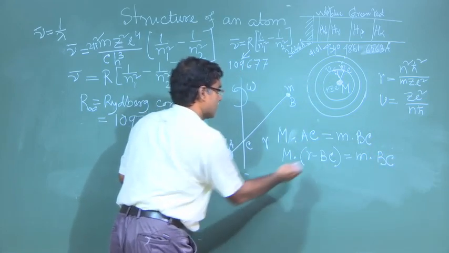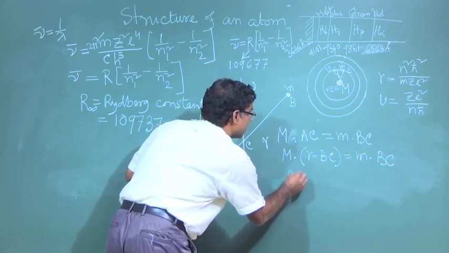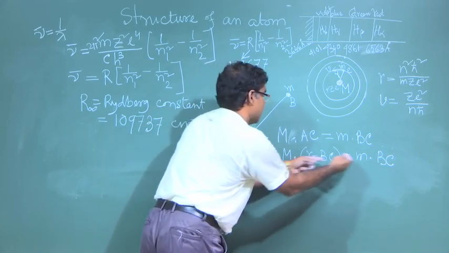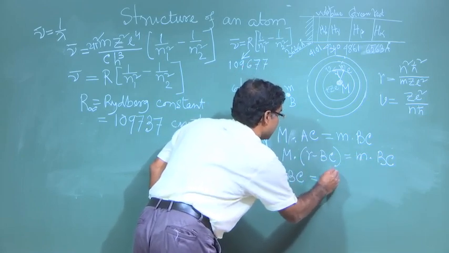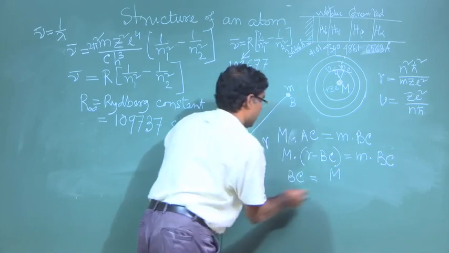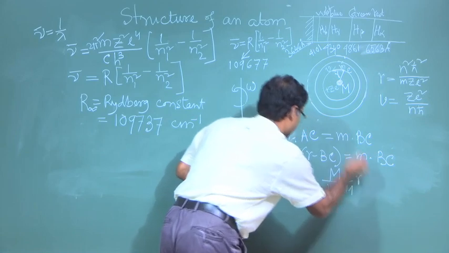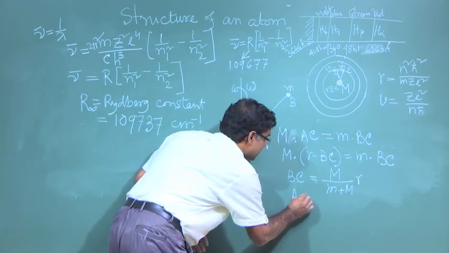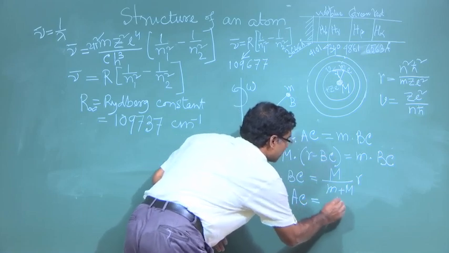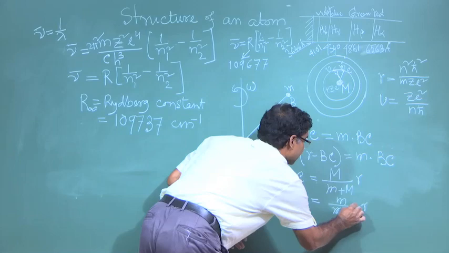So, you will get BC equal to M by (M plus m) into R. Similarly, you can find AC equal to m by (M plus m) into R.